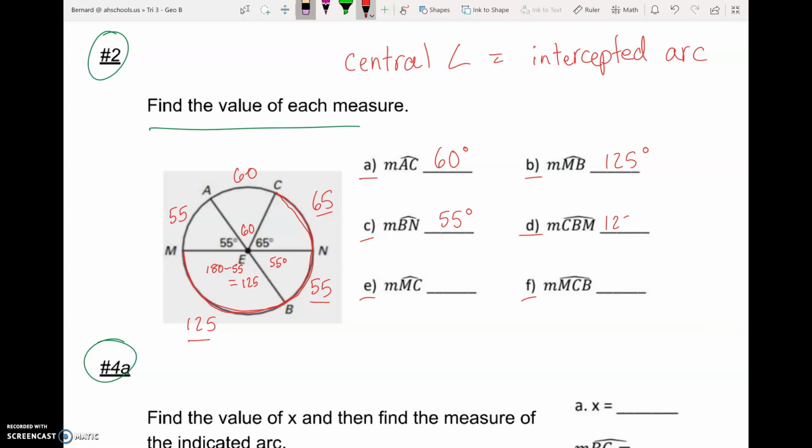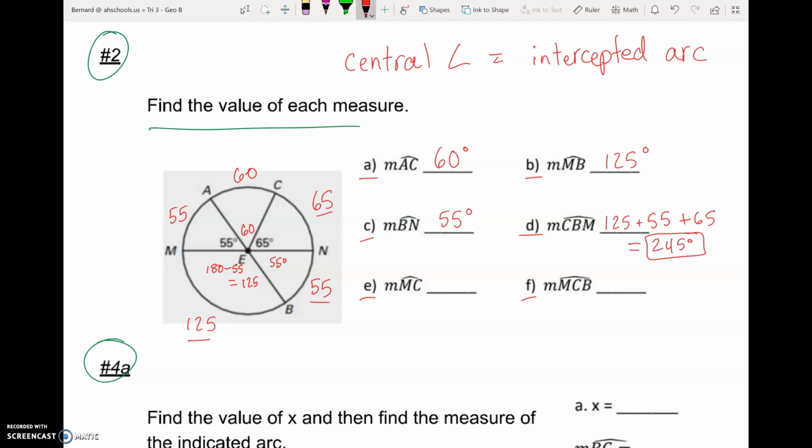So let's add them all together. 125 plus 55 plus 65. In total, that will equal 245 degrees. So perfect. That's an example of sometimes these arcs cover multiple sections, like pizza slices. So add all those crusts together, and that'll give us the total measure.